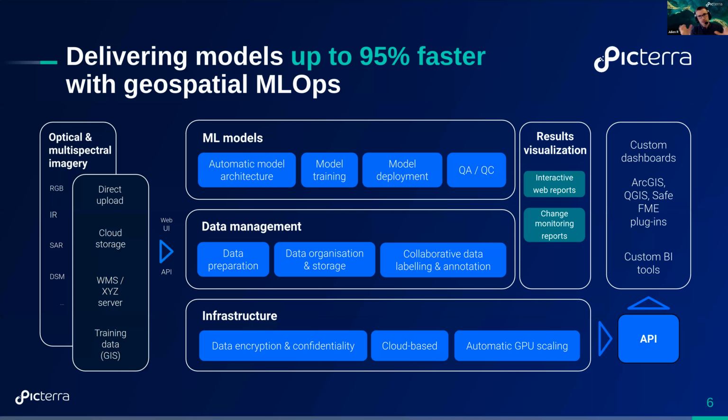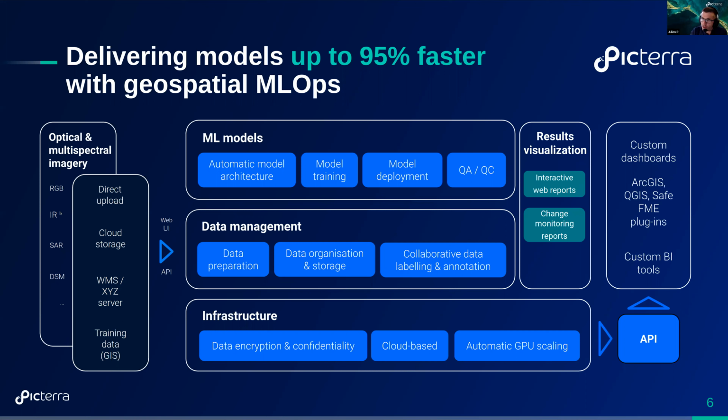If you look at the platform, a bit where we sit, let's say in the general geospatial environment and workflow. On the left hand side, you have the typical geospatial data. It can be RGB data, it can come from drone, from satellite, from plane, but we go beyond RGB.